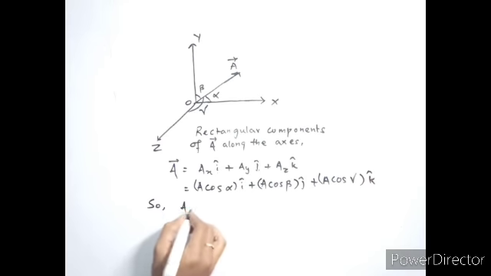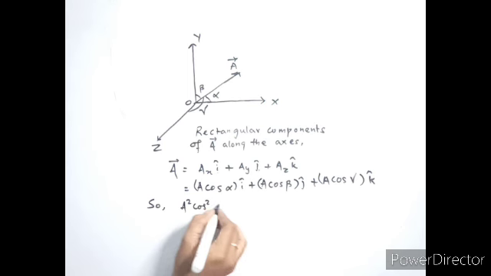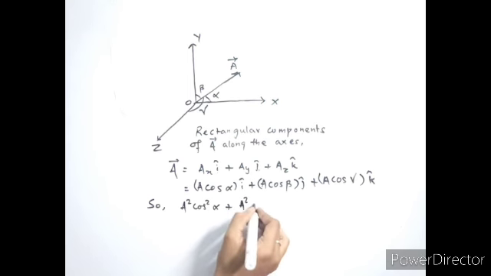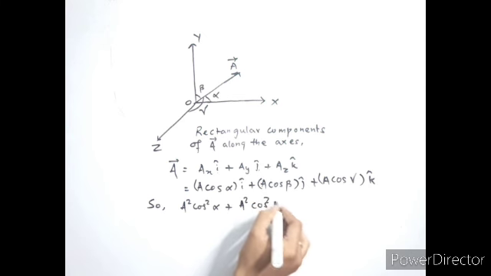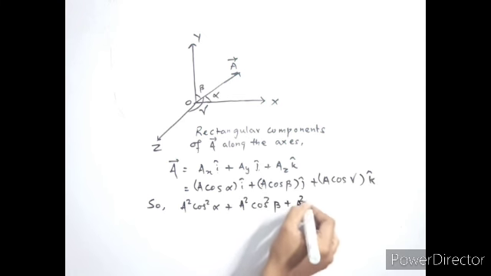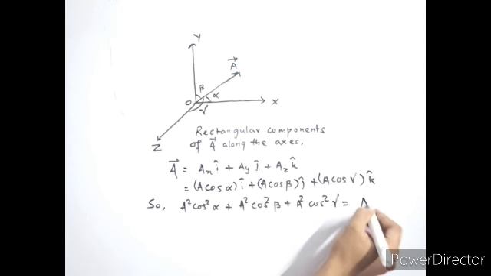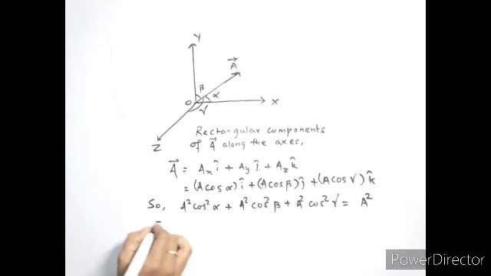So all these can be squared to find the magnitude, and they would equate to a, as we already know for vectors. So a square cos square alpha plus a square cos square beta plus a square cos square gamma is equal to a square.